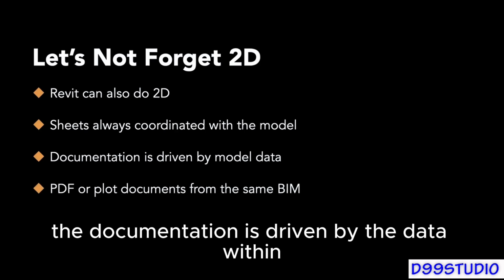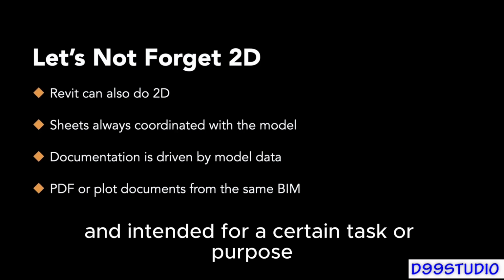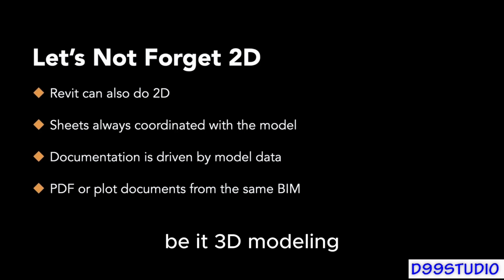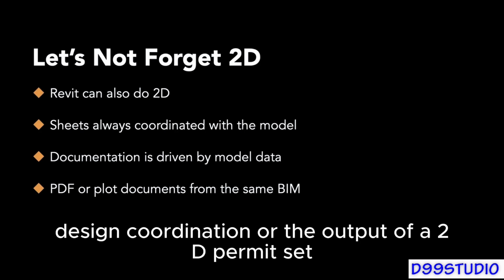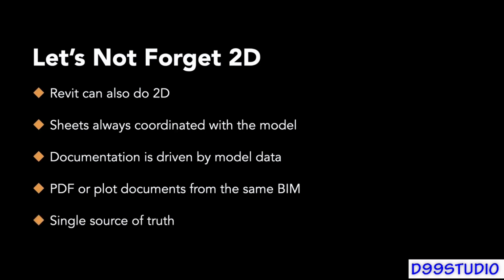The documentation is driven by the data within the model. Each view in a Revit project is specifically designed and intended for a certain task or purpose, be it 3D modeling, design coordination, or the output of a 2D permit set. It all comes from the same BIM.